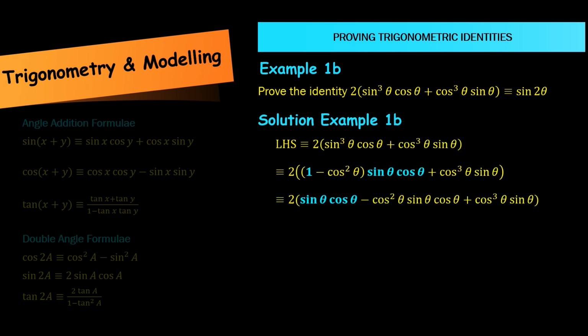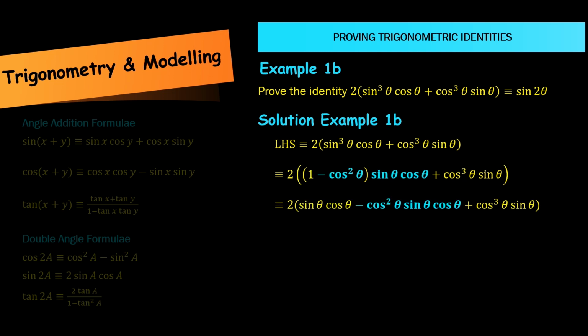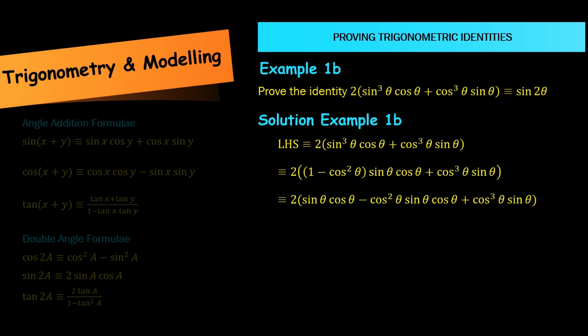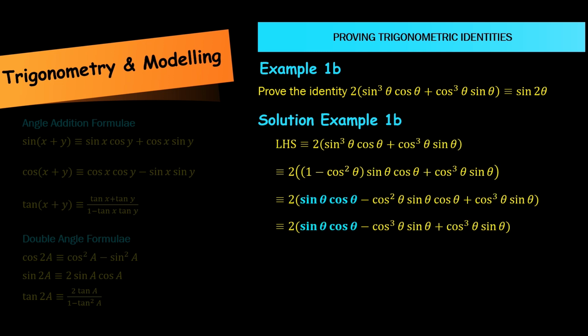Expanding these brackets gives us sine theta cos theta minus cos squared theta sine theta cos theta as shown, and the plus cos cubed theta sine theta remains as it is. We can now tidy up this expression. In particular, the cos squared and the cos, as shown, become cos cubed.